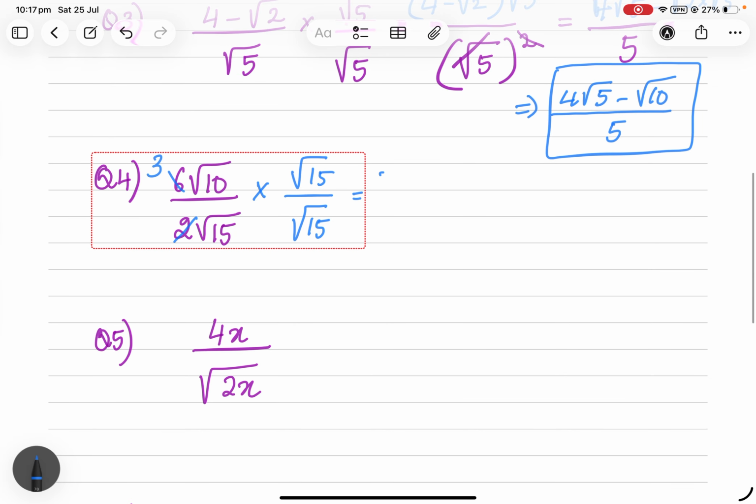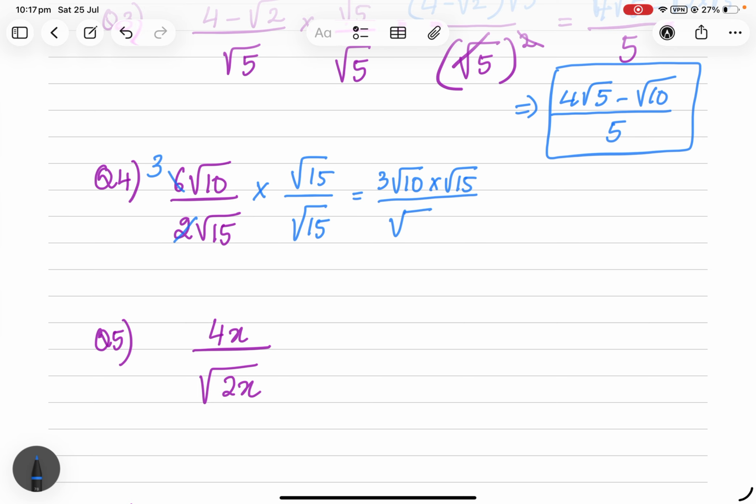So this is going to be 3 square root of 10 times square root of 15 divided by square root of 15 whole squared. So they get cancelled, and at the moment I'm seeing 15 in the denominator. So this is 3 square root of 150 divided by 15.